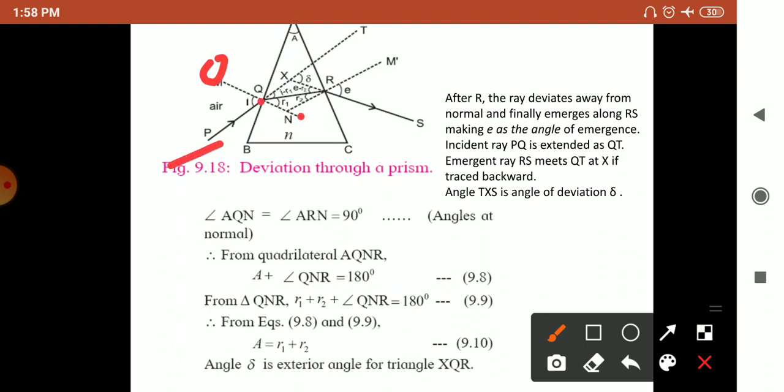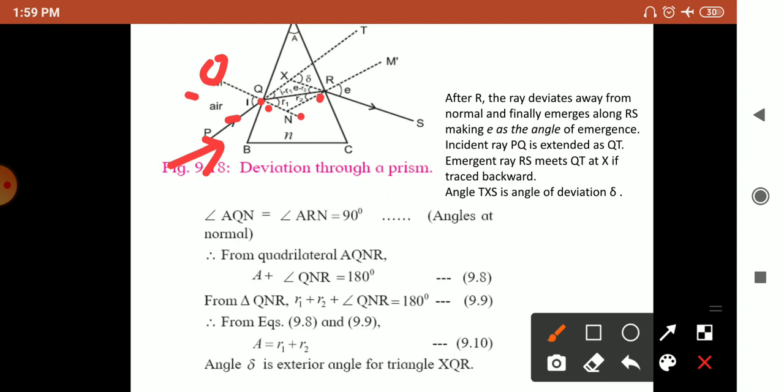This is the ray incident on the face AB, and through that there is the normal MQN. The angle of incidence at Q is i. After refraction at Q, the ray deviates towards the normal and strikes the second refracting surface AC at R, which is the point of emergence.